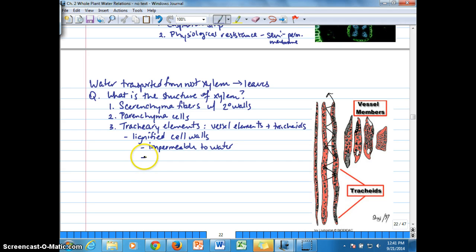It also makes those tracheary elements rigid. Lignin is not only impermeable to water, but it also creates some rigidity, and that rigidity helps to prevent collapse of the xylem or the tracheary elements under negative pressures or a high degree of tension.